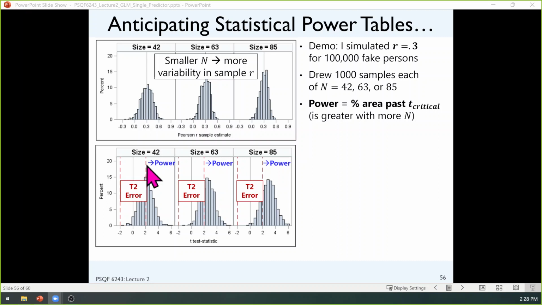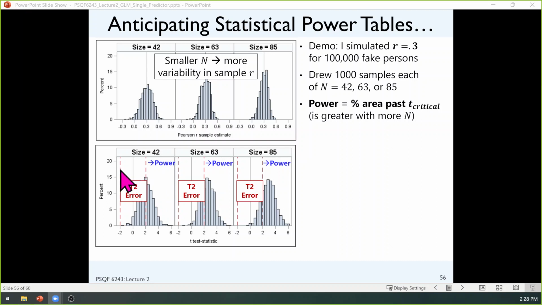So the left-hand area here is a not significant correlation. The right-hand area is a significant correlation. So even though I know in reality the population correlation is 0.3, I'm not always going to find that 0.3 in the sample, and I'm not always going to find it to be significant.